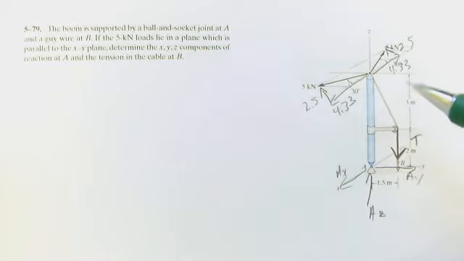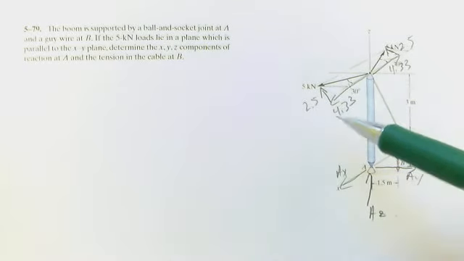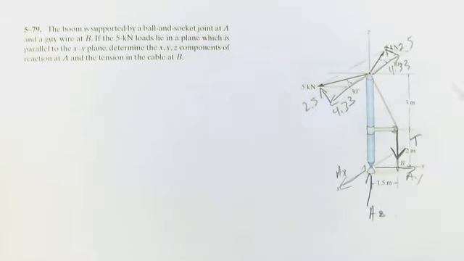I wouldn't call this stable since there's nothing holding it in the x direction, and so the smallest change in one of these forces and it's going to go. But as it's drawn, it's not moving. I would say it's not stable though.